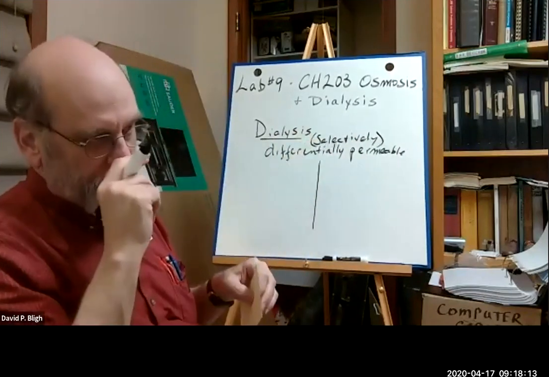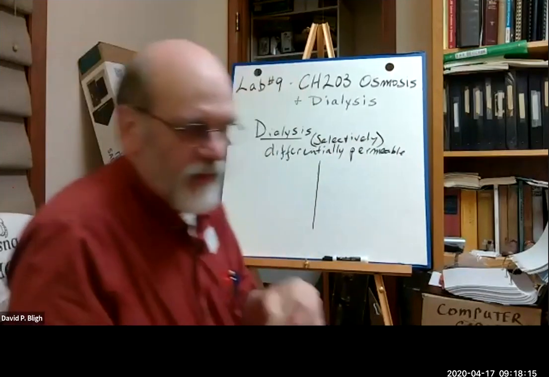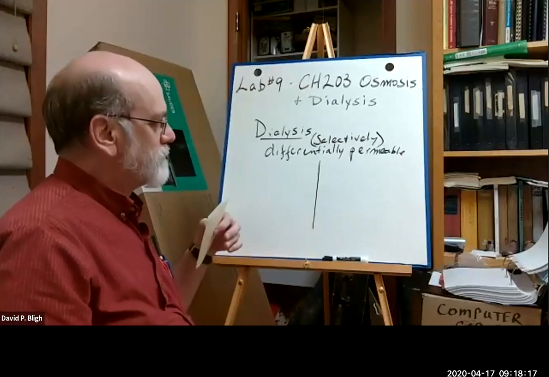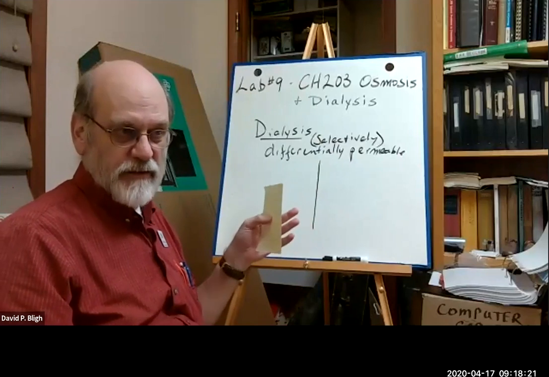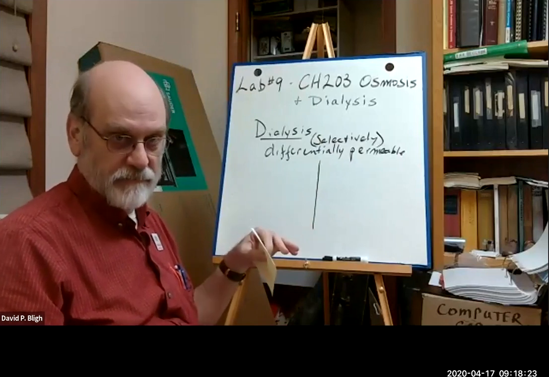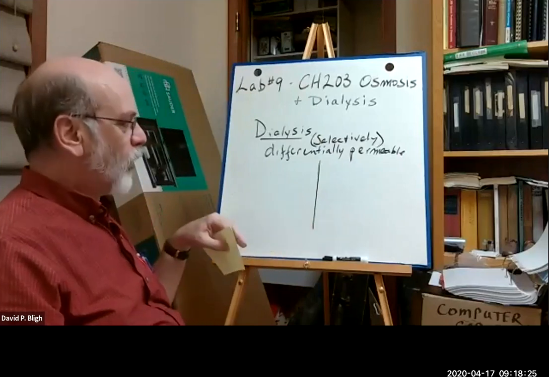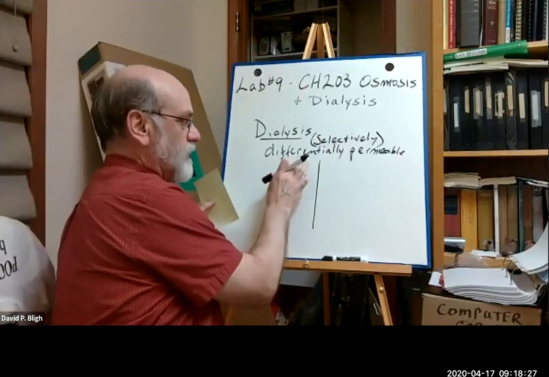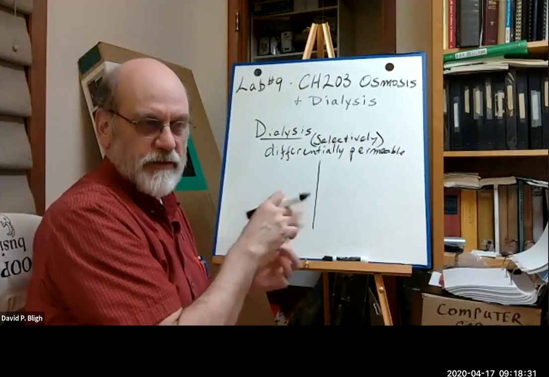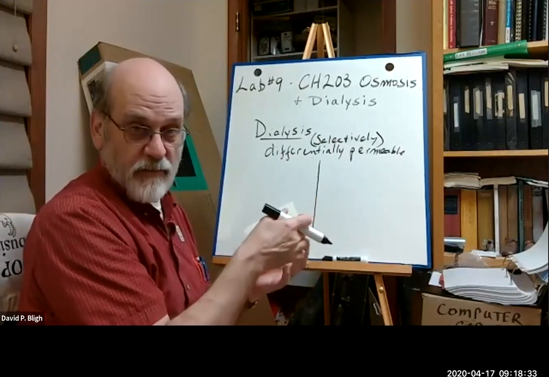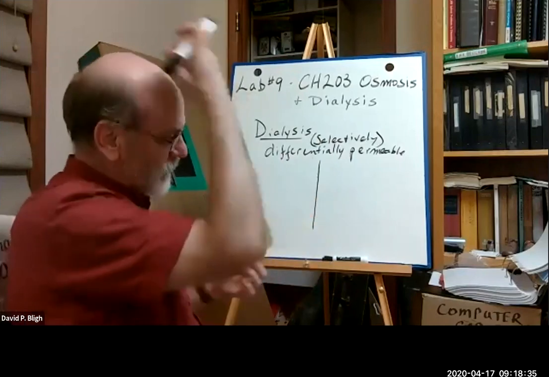Selectively permeable. So the basic difference between the semi-permeable and the differentially permeable membrane is a difference in pore size. The pore size of the differentially permeable membrane is just a little bit bigger than the pore size for the semi-permeable.